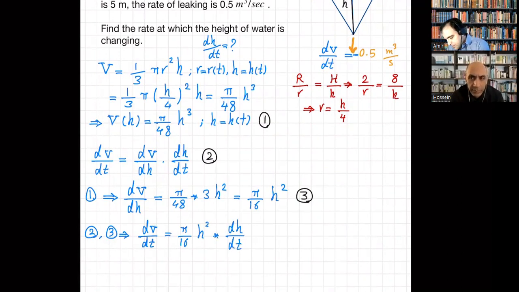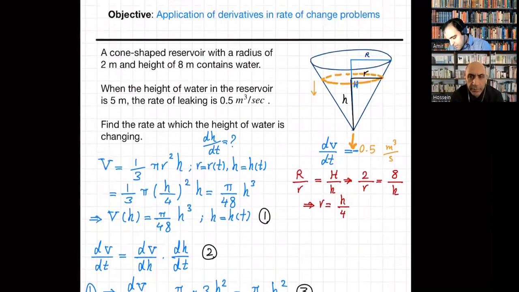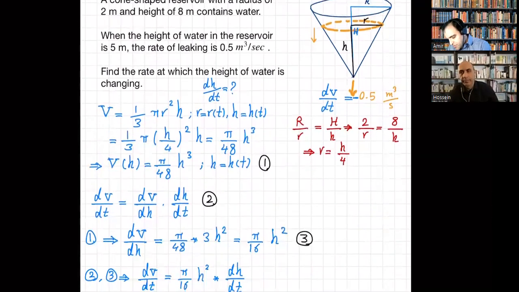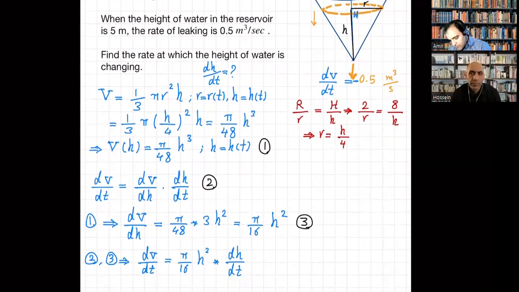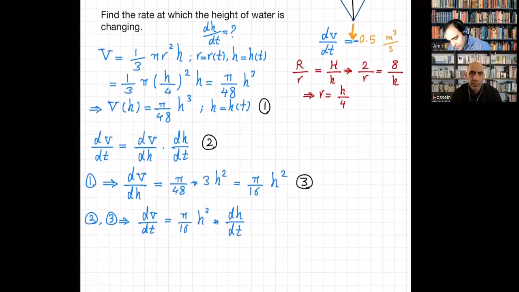We know that from the problem statement, the leakage is 0.5 cubic meter per second, or dV over dt is negative 0.5. So I'm going to put that in here.